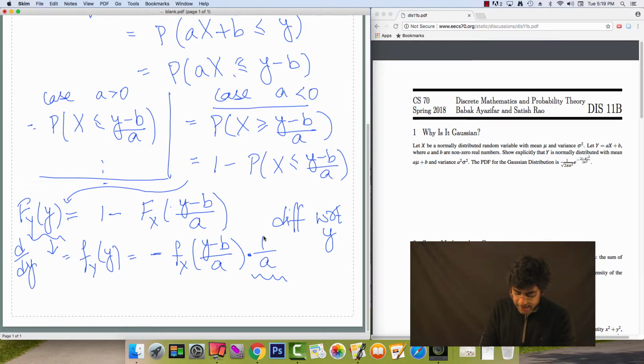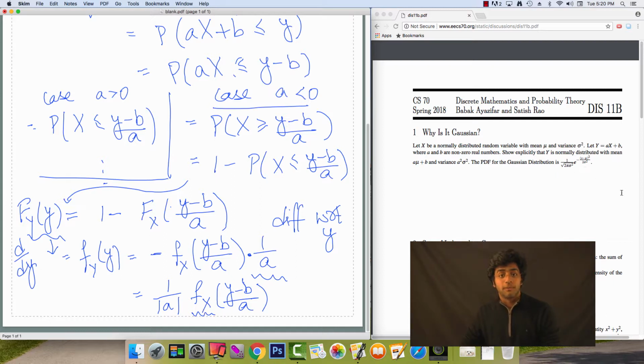And remember, negative 1 over a makes it a positive number. So I can also write this equivalently as 1 over the modulus of a times f_X at (y minus b) divided by a. And remember, f_X refers to the Gaussian PDF over here, and that I do have an explicit form for.